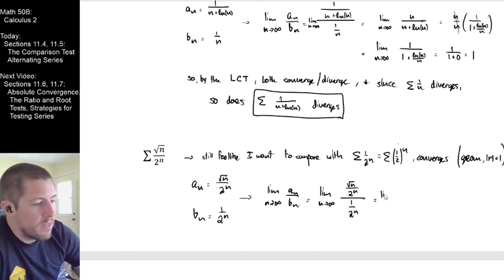What that leaves us with is the limit as n goes to infinity of just root n, and that diverges off to infinity. So we get no information from the limit comparison test.